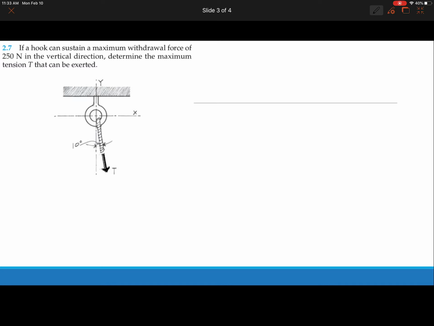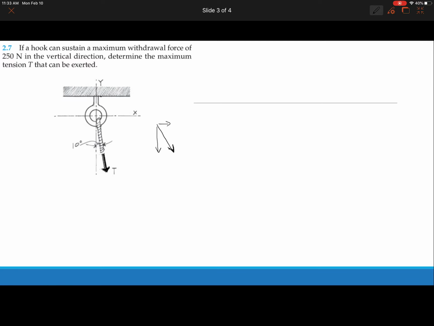So some of the force is going down. If you imagine you're pulling this way, some of this force is pulling this way, and some of it is pulling to the right. That is exactly the components of the force T. And what is given here is the maximum withdrawal force of this hook, which is 250 Newton in the vertical direction.